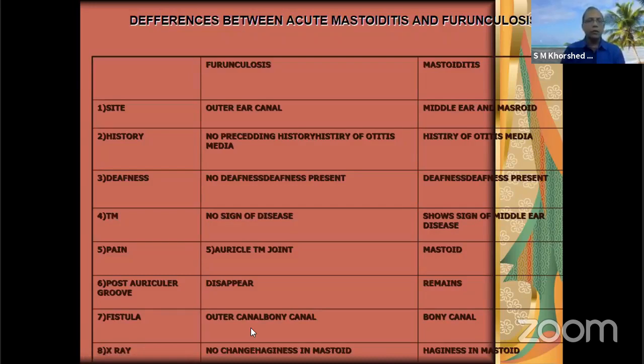Fistula: in furunculosis a fistula is seen in the outer part of the ear canal, and in mastoiditis, a fistula is seen in the bony, deep part of the ear canal. And X-ray: in furunculosis, nothing, normal. But in middle ear disease or mastoiditis, there will be some haziness of the mastoid air cell system.